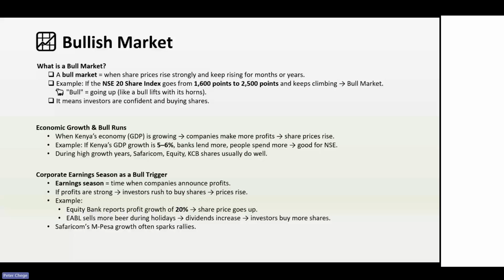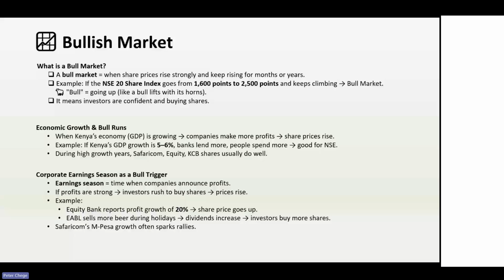Like if you take an example, Equity Bank reporting a growth of 20%, you expect its share price to go up, especially on the day they are making that announcement. And especially, like I said, when they are doing profit warnings. If there is an extraordinary profit being reported, it will have a very huge impact on the market, and you see the prices shooting up because that day brokers are allowed to open the market.